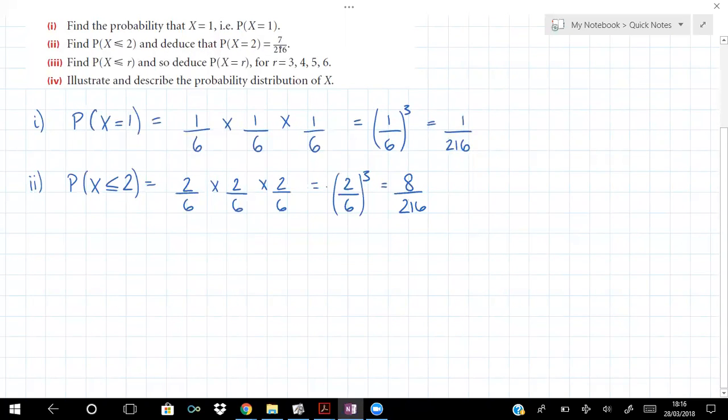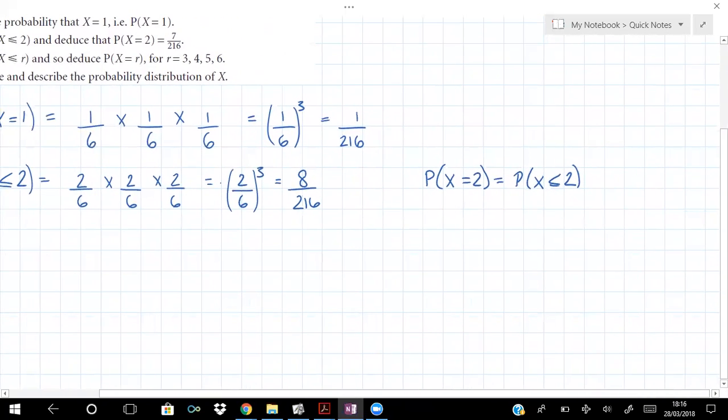Then for the next part, it says, deduce that the probability of x equals 2 is equal to 7 over 216. So the one that we just did was the score being either a 1 or a 2. We only want the one where the score is a 2. So to find the probability of x equal to 2, I'm going to take the one that we just found, the probability that x is less than or equal to 2, and then take away the probability that x is equal to 1.